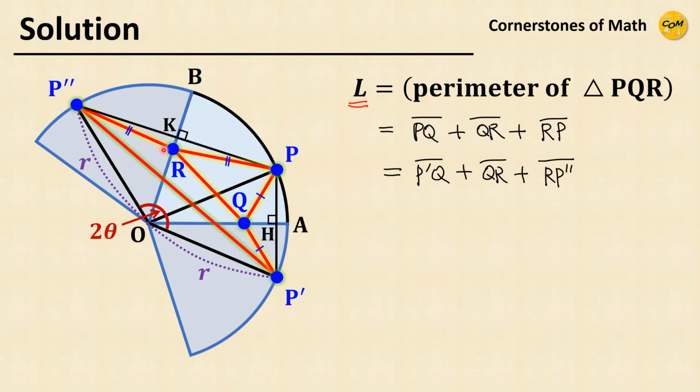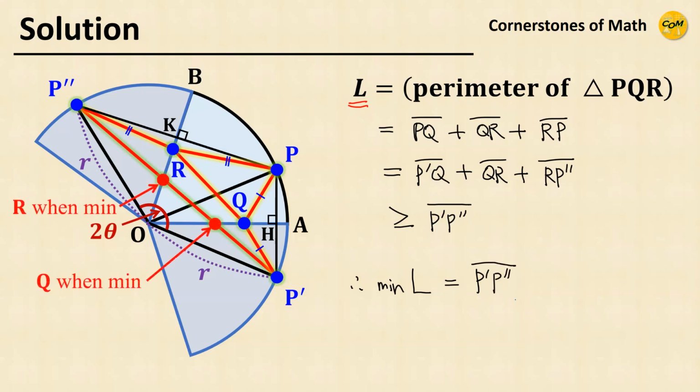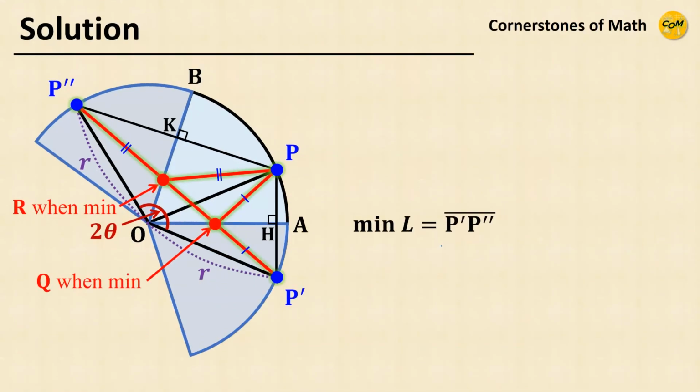And you can easily notice that such combined length is greater than or equal to length P'P''. Therefore, the minimum value of the perimeter of triangle PQR is the length of the line segment P'P'', and these intersection points are the positions of point Q and R that give the minimum value. So this is the minimum case, and we need to find the length of the line segment P'P''.